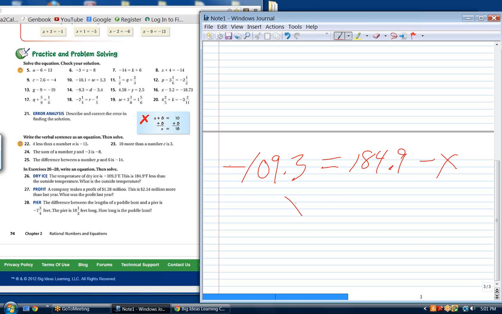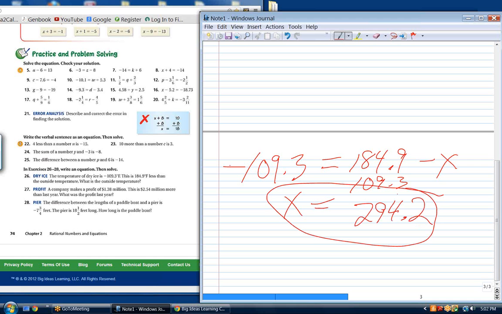So this would become x equals, and I would add 109.3 to this number to get 294.2. So had I made a mistake, I would have come up with an outside temperature of 294 degrees.